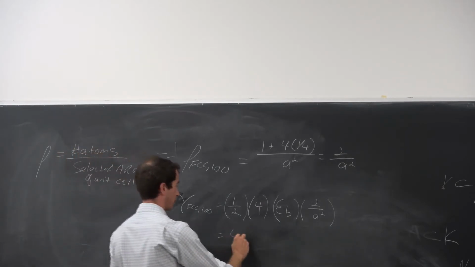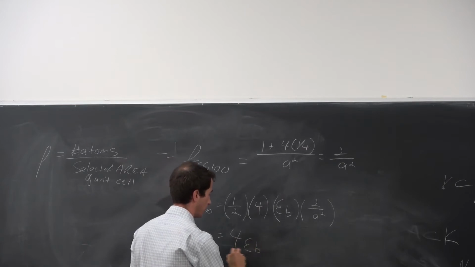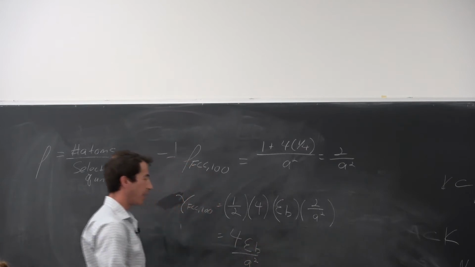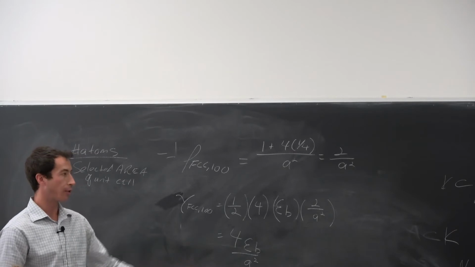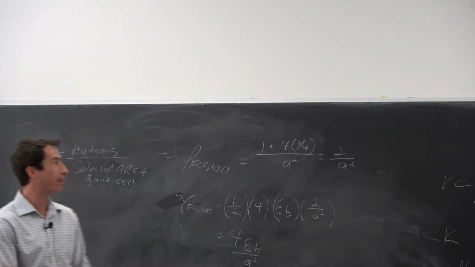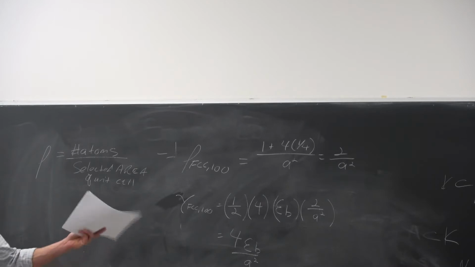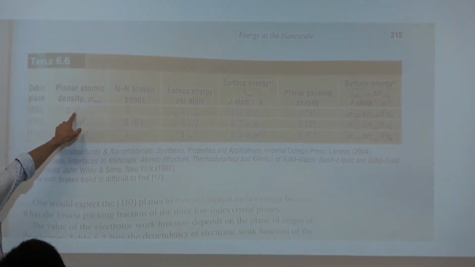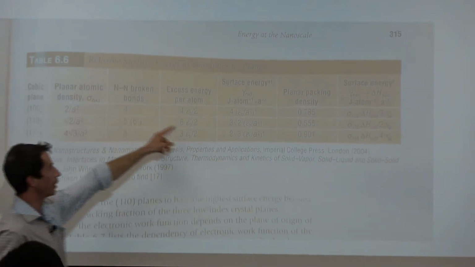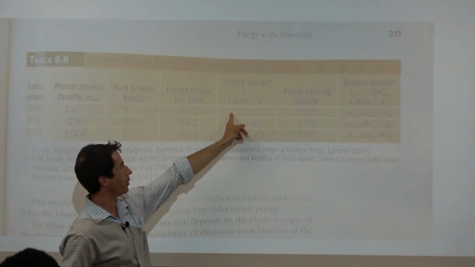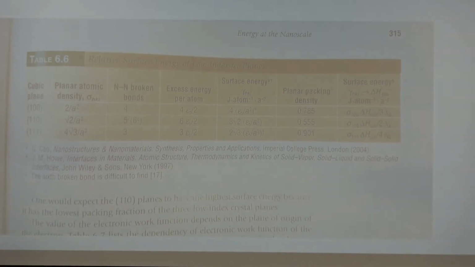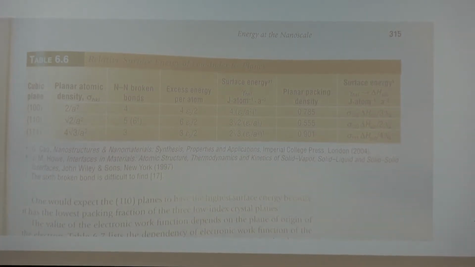Equals, so this is a very generic expression then that we can use for any type of FCC crystal that we're looking through a 100 plane. So did we get it right? Let's go back to our table. Yes, 2 over A squared for the planar atomic density. And there's our expression for surface energy, 4 times the binding energy over A squared. Okay?